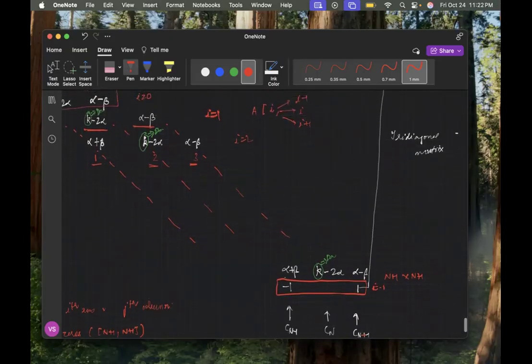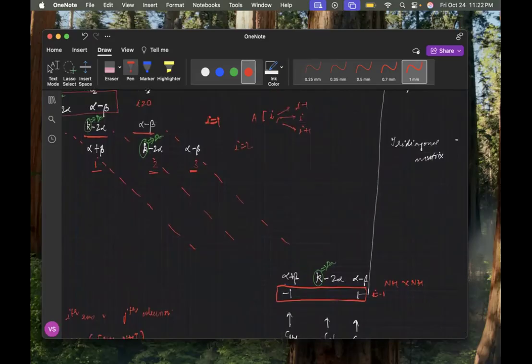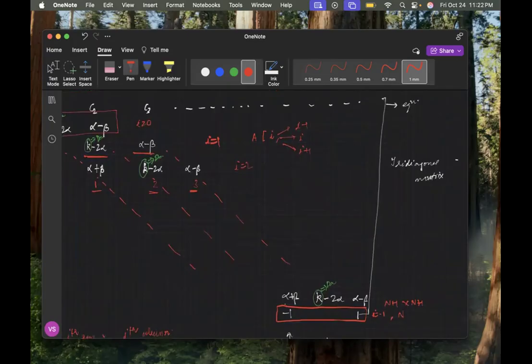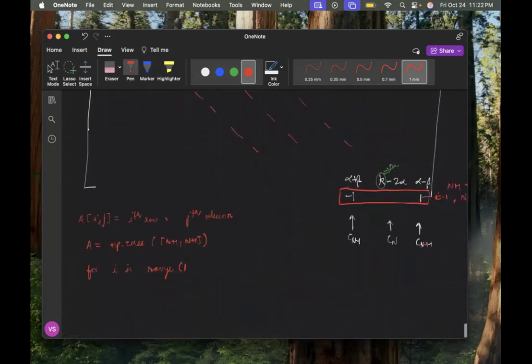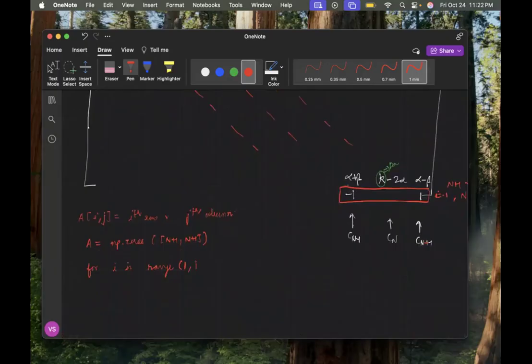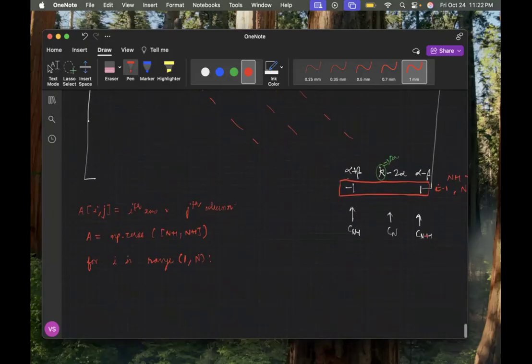So the last value over here is just n, right? Because this is an n plus 1 cross n plus 1 matrix, and the row starts with the 0 index. So the last index is going to be n. You don't want it to reach n, so you will just say this, because it will cover everything from 1 till n minus 1. n would not be covered, right?